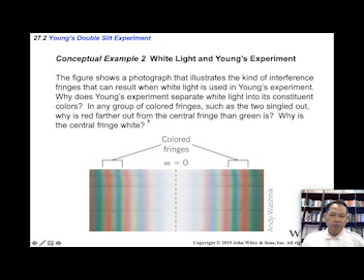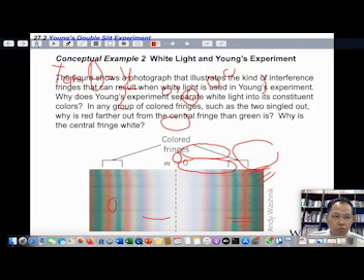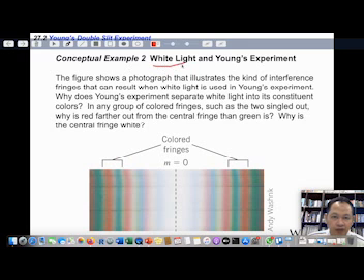Okay, this is a little bit conceptual. White light means a composition of many colors, in Young's experiment. This figure shows a photograph that illustrates the kind of interference fringes that can result when white light is used in Young's experiment.